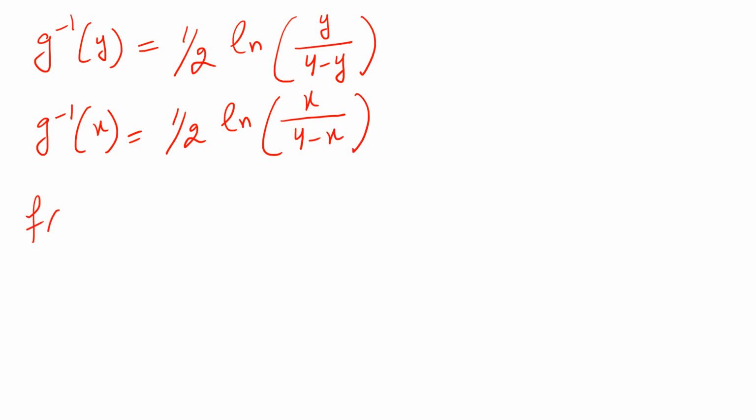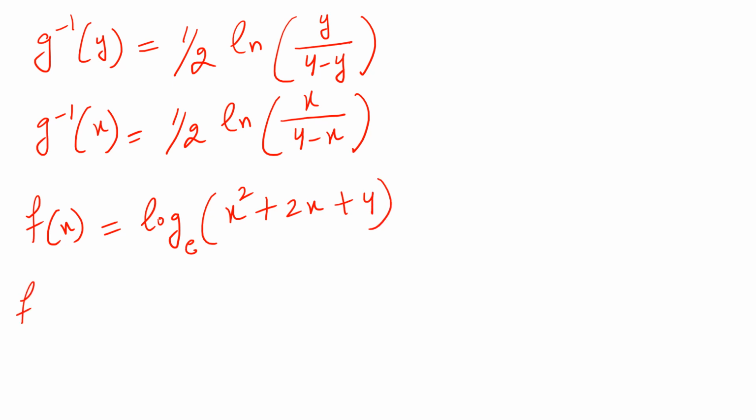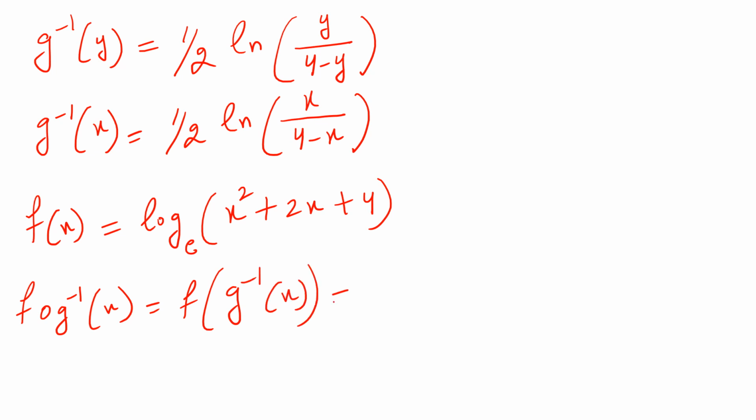Now students, f of x is defined as log of (x square plus 2x plus 4) to the base e. Now the composite function f of g inverse of x will become equal to f of, now just put the value of g inverse x inside the bracket.